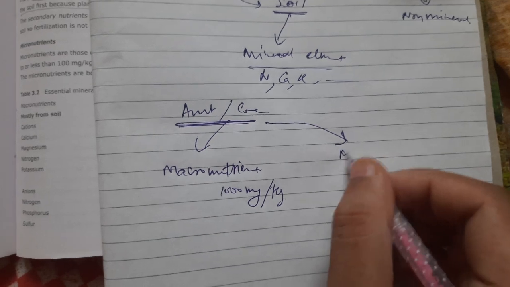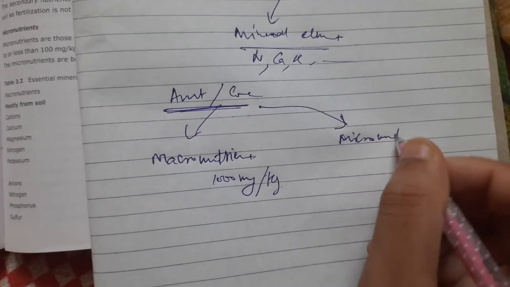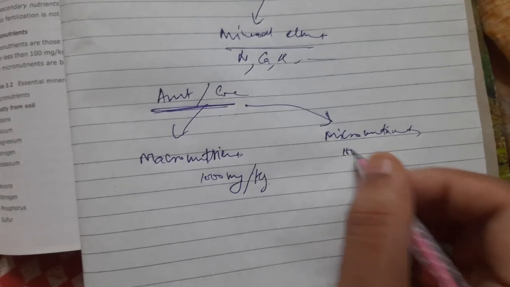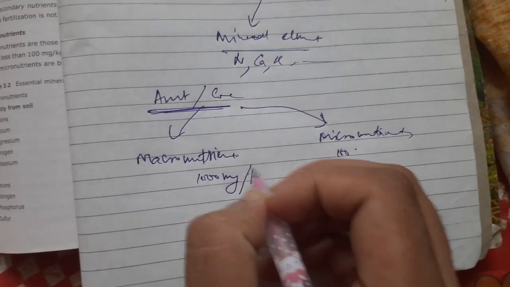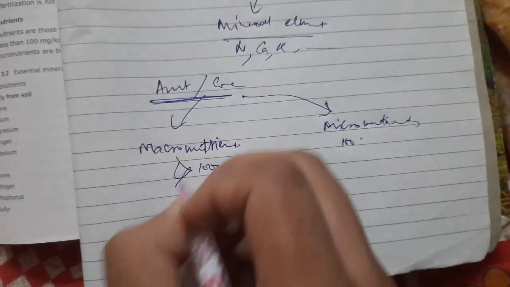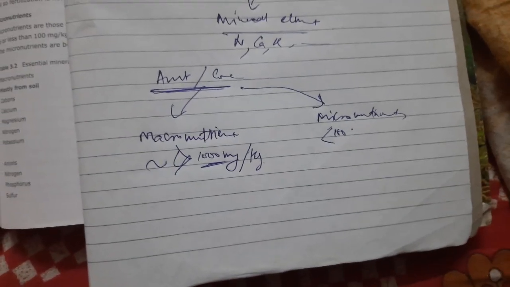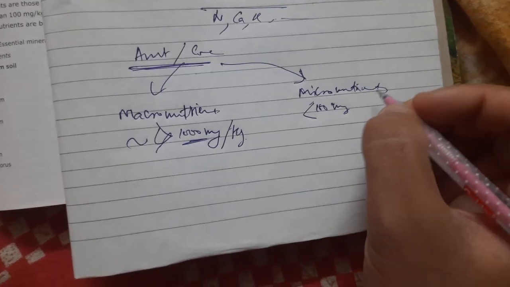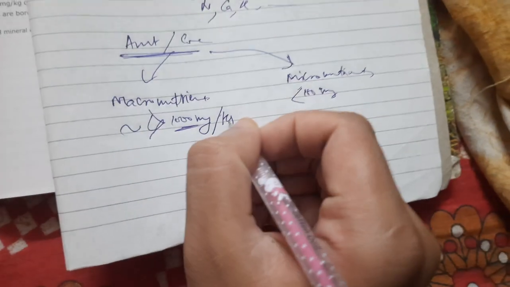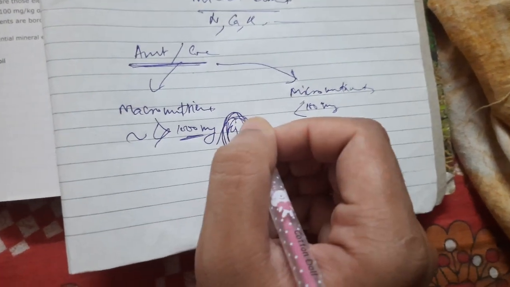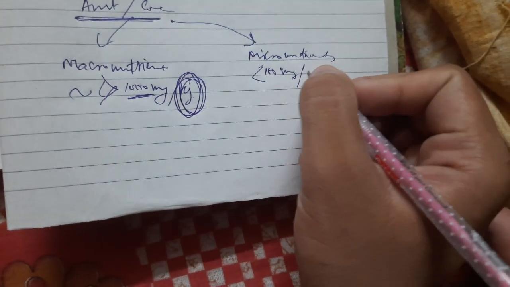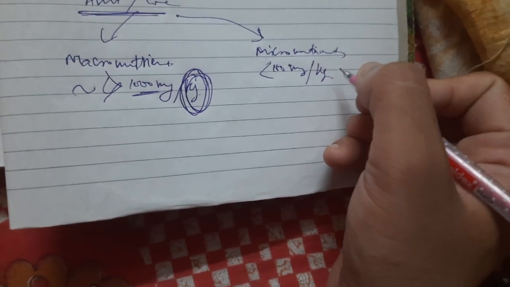And secondly, micronutrients, which are needed in less than this amount, and this is actually per dry weight kg of the plant.